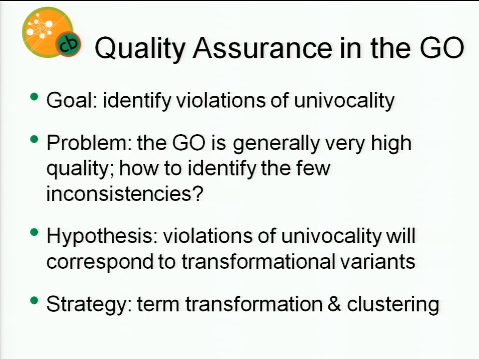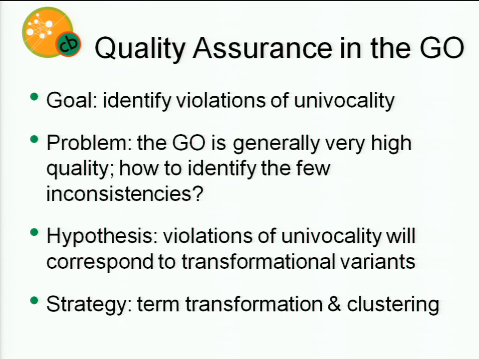The hypothesis that we were working from was that violations of univocality would correspond to transformational variants of the term structures. And we decided to take a very simplistic approach to this. So you'll see that the strategies that I describe in a minute are really very simple. The reason for that is Occam's razor: try the simplest thing first.